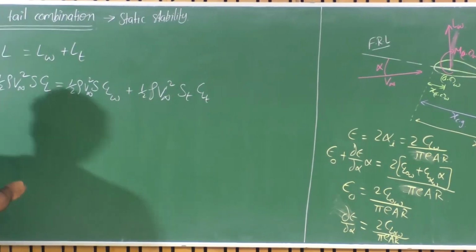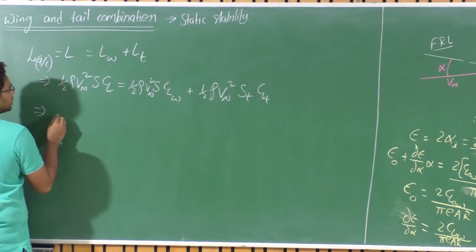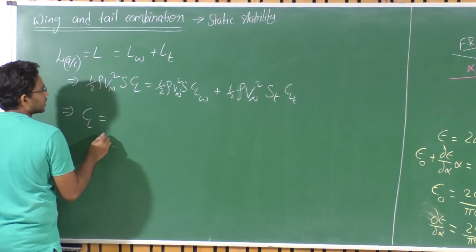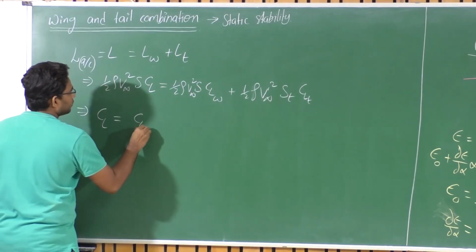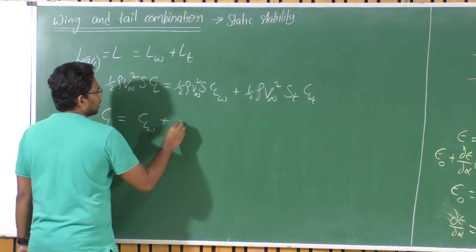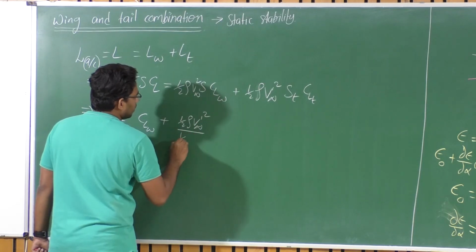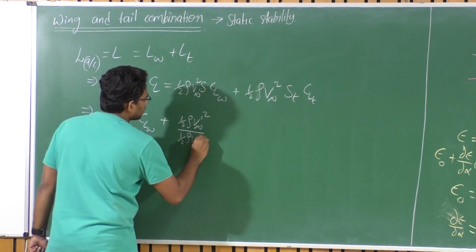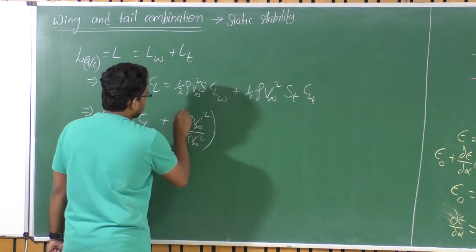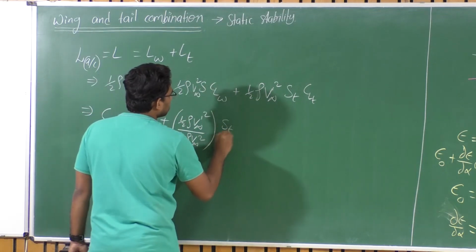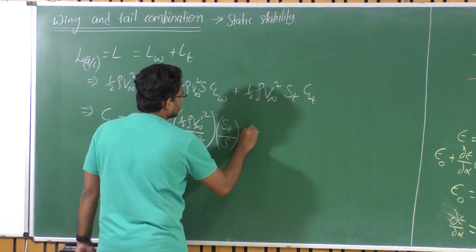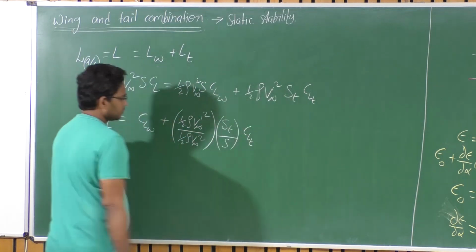Okay. So now if I simplify this further, the CL of the total aircraft is CL of wing plus half rho V infinity prime squared upon half rho V infinity squared, right, times S of t upon S times CL of tail. Okay.